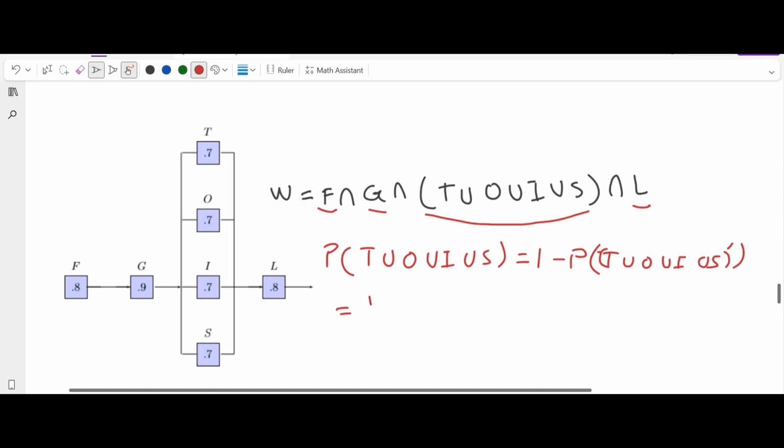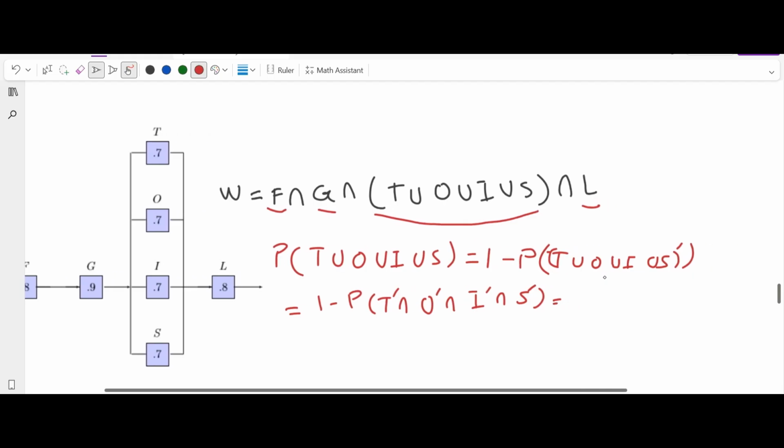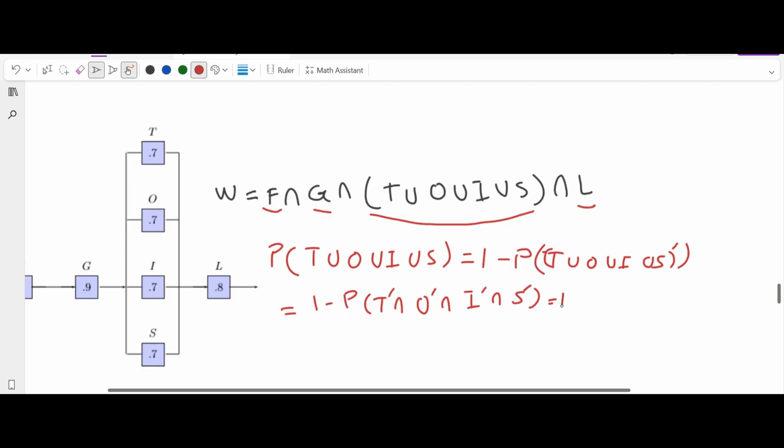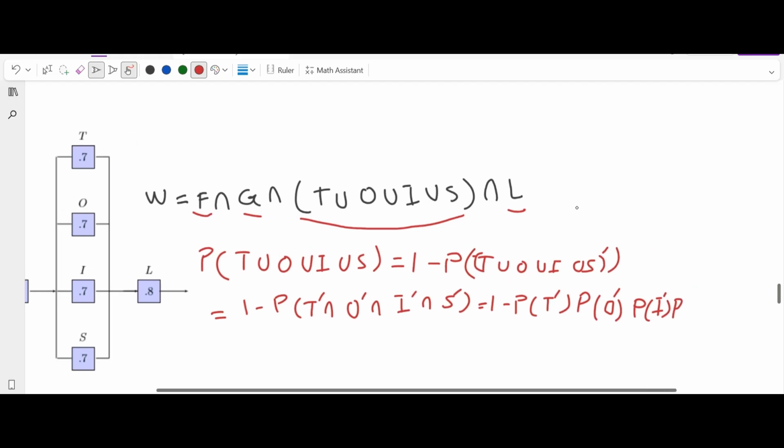And then I use the De Morgan law to get P of T prime intersect O prime intersect I prime intersect S prime, which then I can use the independence of events to write as P of T prime, P of O prime, P of I prime, P of S prime.